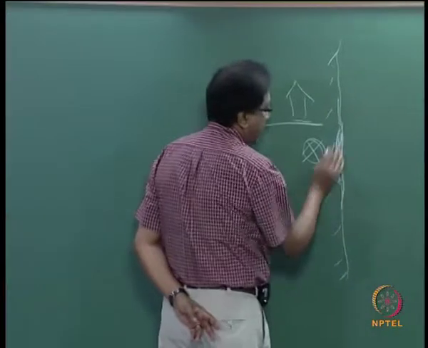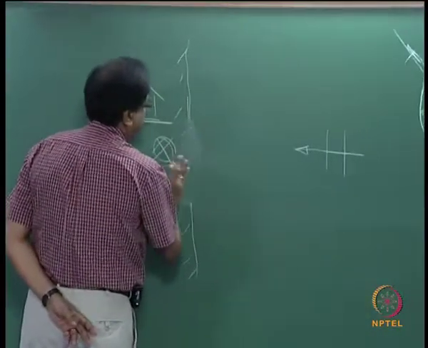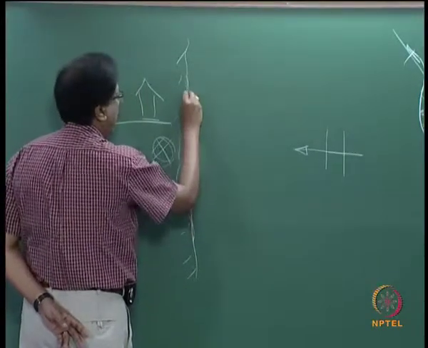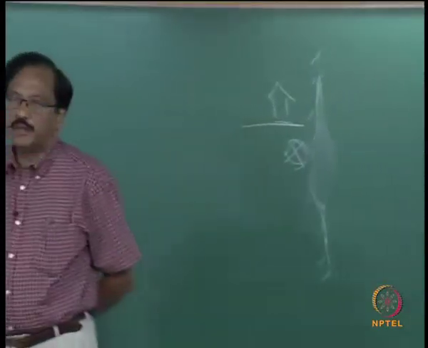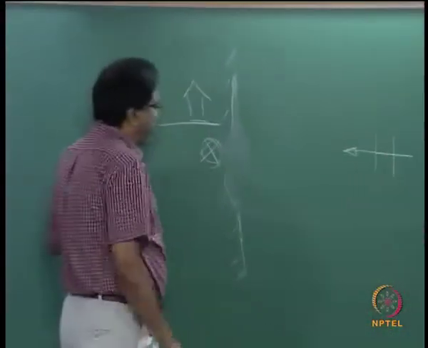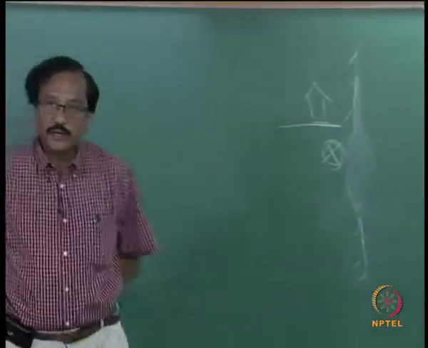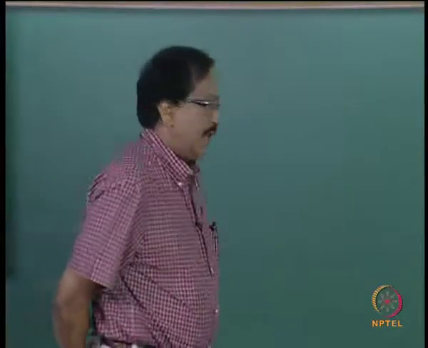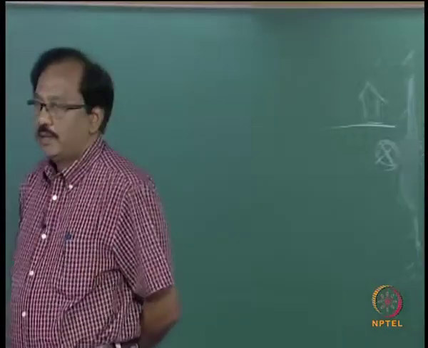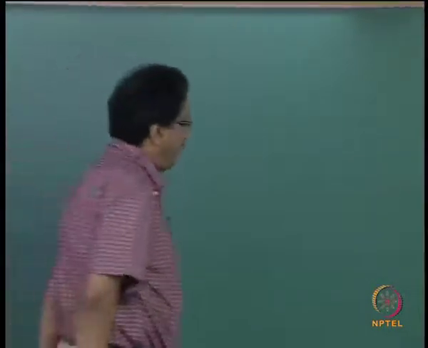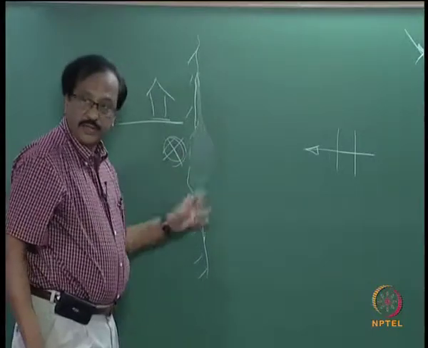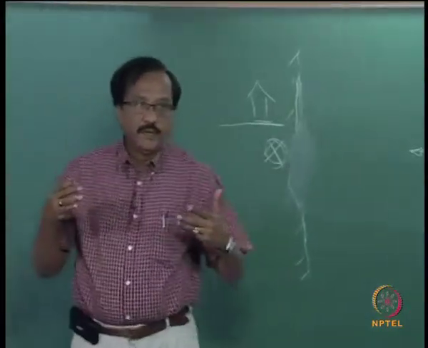Suppose this stretch of the coast, for example, is lost over a long distance, and this has significantly penetrated into the land, and you want to protect this area, and assume that you have lost something like 300-400 meters, and getting back to the original shoreline would not be possible at all.